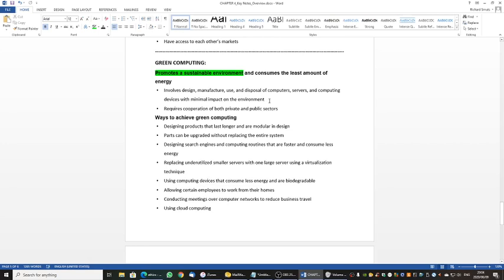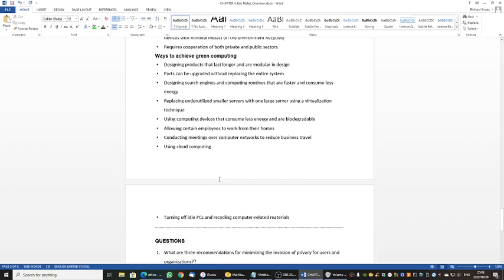In other words, they are recycled. You need the cooperation of both the private and the public sector for green computing to happen. Ways to achieve green computing, there are 1, 2, 3, 4, 5, 6, 7, 8, 9 of them.